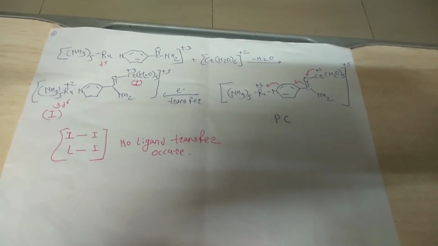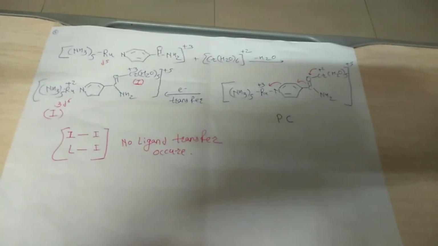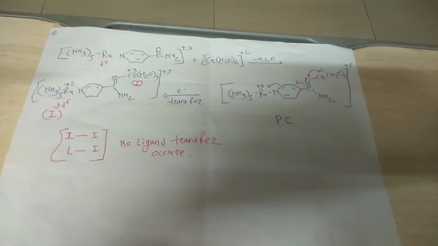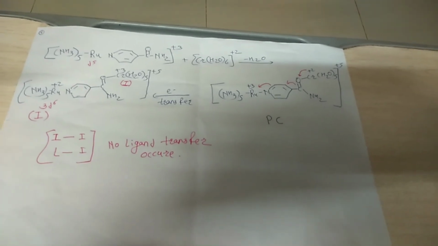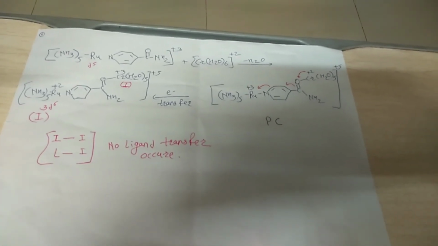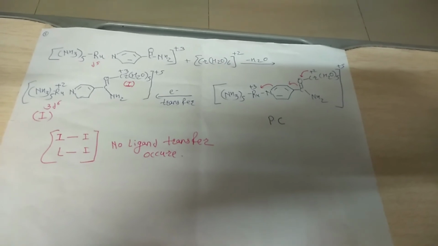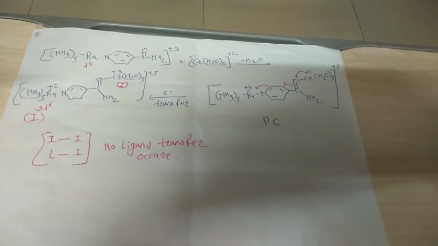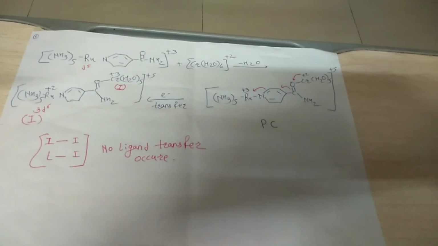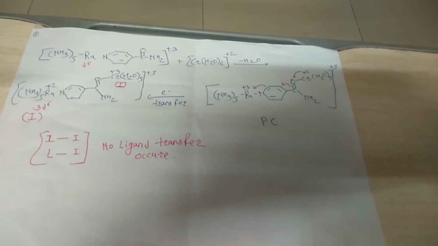In the second condition, CrH2O6 2+ reacts with it, and we are getting a precursor complex, NH3 ruthenium in +3 oxidation state. The system is d5 for the ruthenium. Then the chromium attacks the oxygen lone pair and we are having a precursor complex.